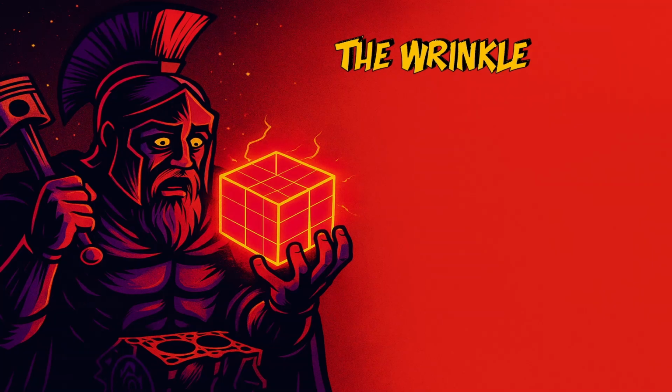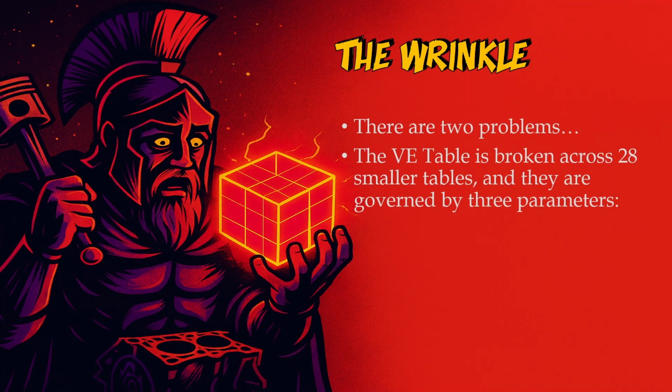There's a problem though. It's not all fun and games. If you're familiar with the platform, you know that the VE table, which normally would be one big 3D table, you would really dial in over maybe 5, 8, a dozen iterations even, right? The way that Ford has broken this up for the S650, like the S550 and previous even, is it's broken across these 28 smaller tables, and each one of these tables is mapped, right?